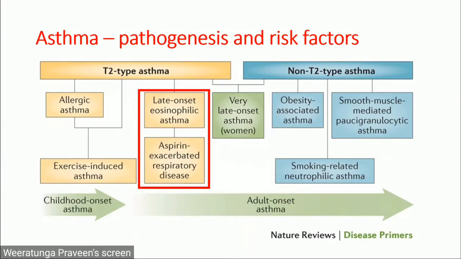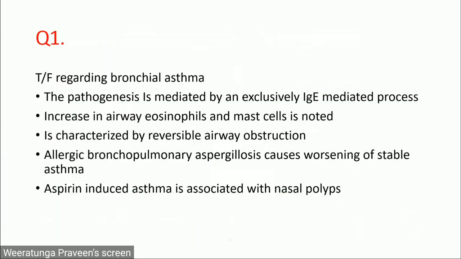That is the point you need to remember. You don't have to remember all these various subtypes. So it's not exclusively IgE mediated. The second statement is not saying everything: you can see an increase in airway eosinophils and mast cells in asthma. That's true, but it is not exclusively the case.